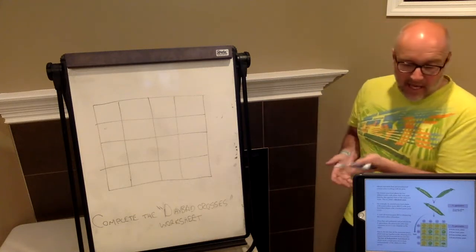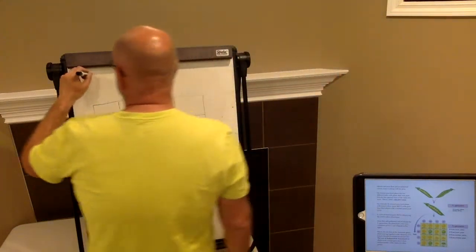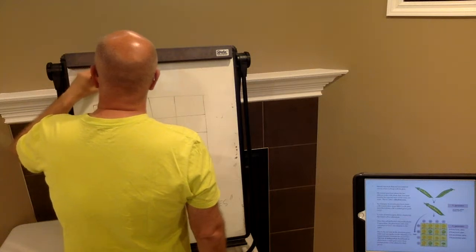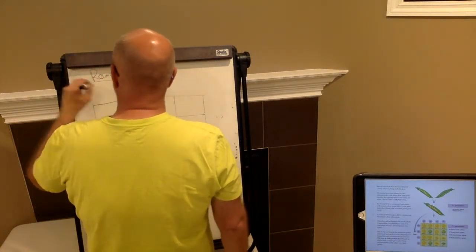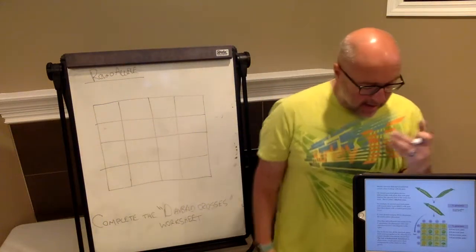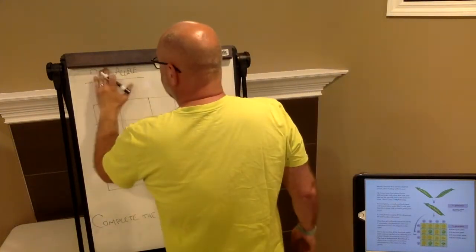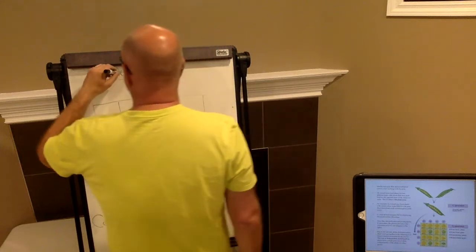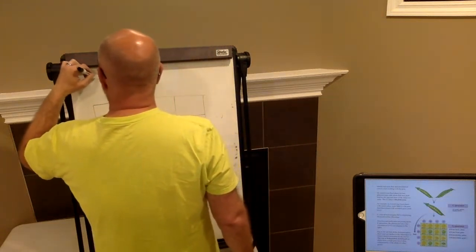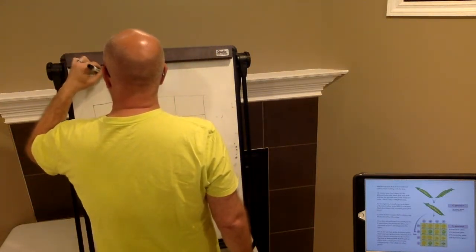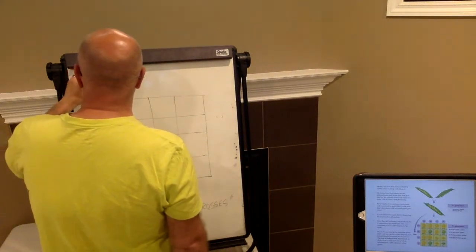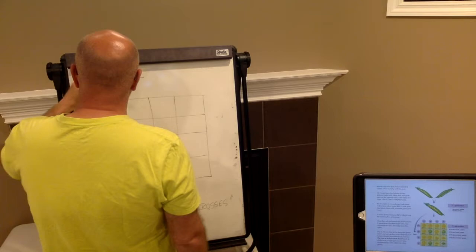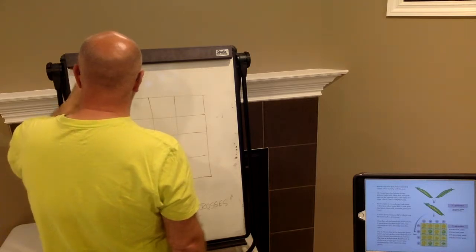So in the case of the allele that controls the shape, on this page they're using the designation of R. There's capital R and little r.